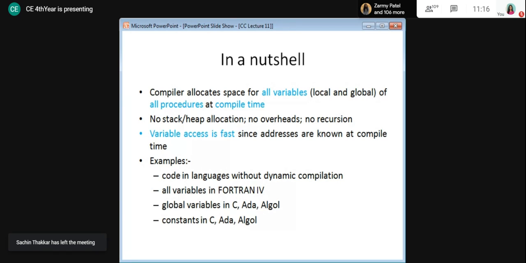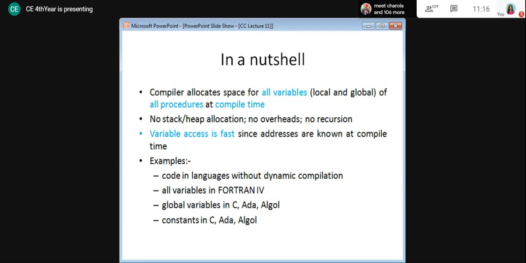And whatever code in our language does not require dynamic compilation uses the static allocation. So here we do not have any concept of heap or stack allocation, and everything is done at compile time. This is how static storage allocation functions.